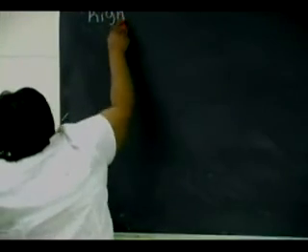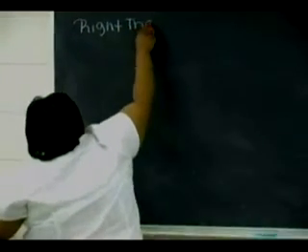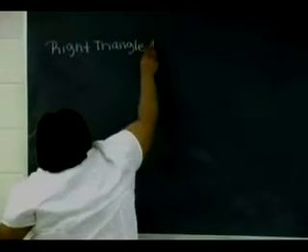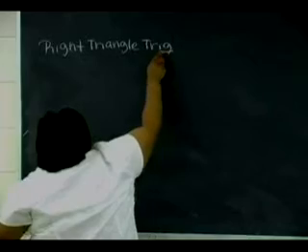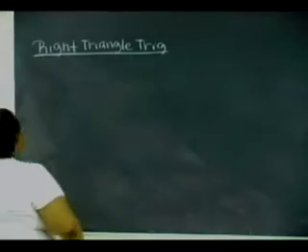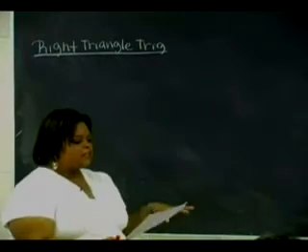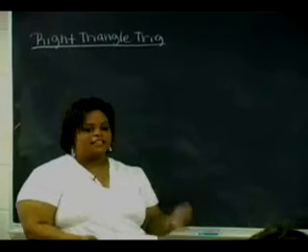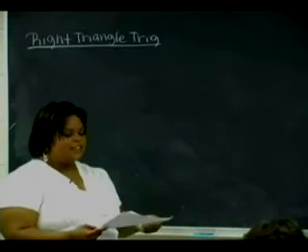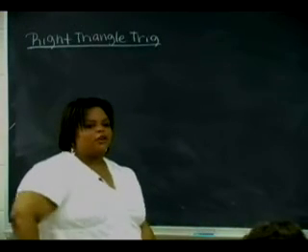Okay, today we're going to look at right triangle trigonometry. If you remember, we looked at the trigonometric functions, sine, cosine, tangent, cosecant, secant, and cotangent based on what the other day?